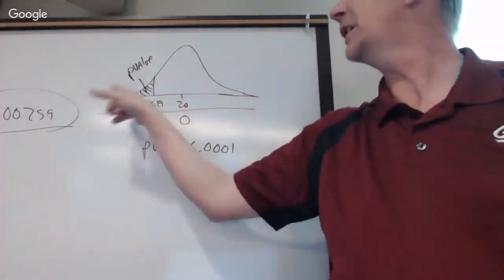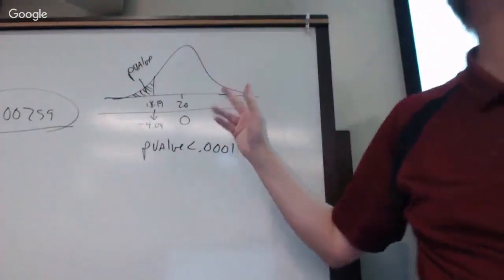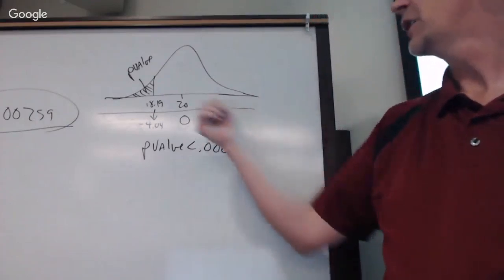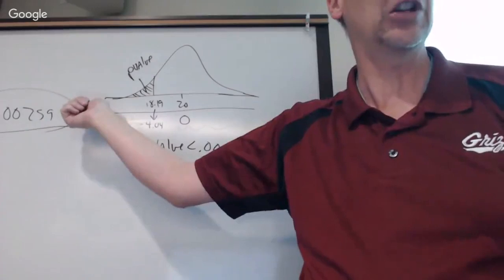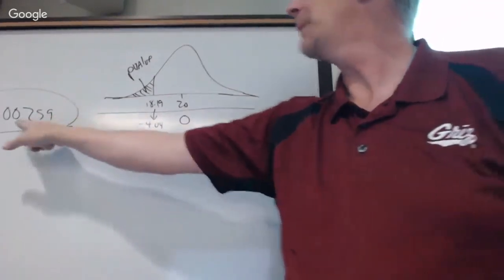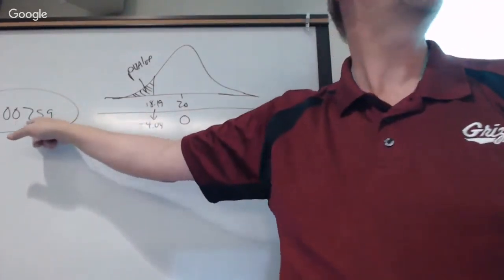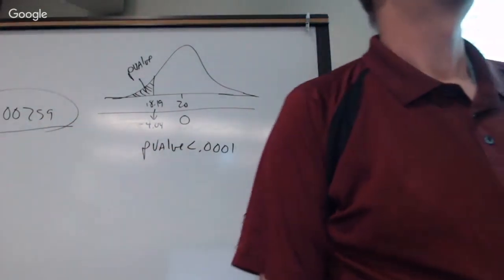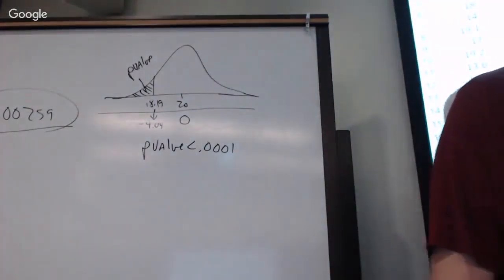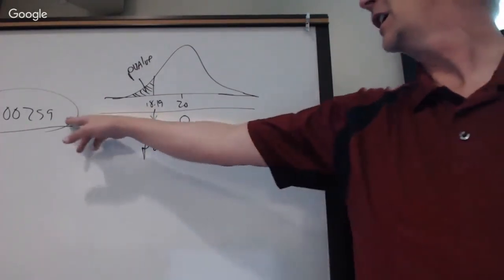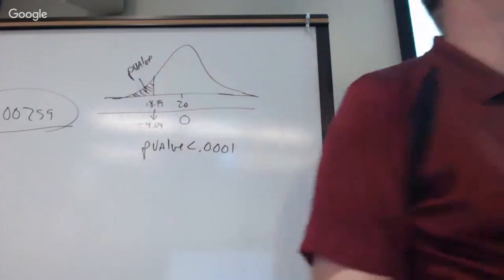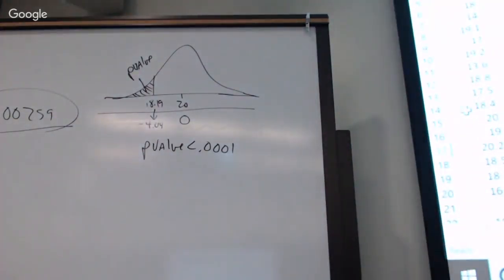So let's apply it back to the problem we just did. The probability of getting an 18% tip or lower, more extreme being lower in this case, happens 2/100,000th of the time. That wouldn't happen very often. That's very convincing evidence that the null hypothesis is not true. Okay? So that one was just asking you to interpret.